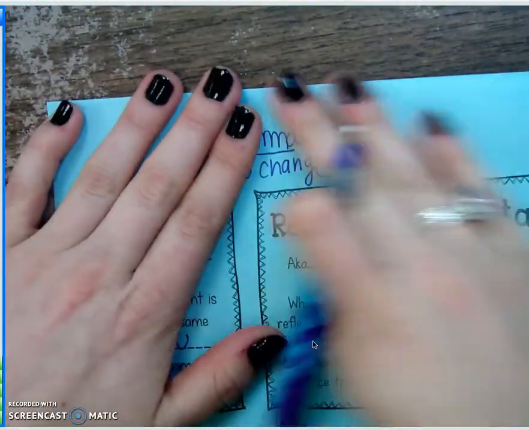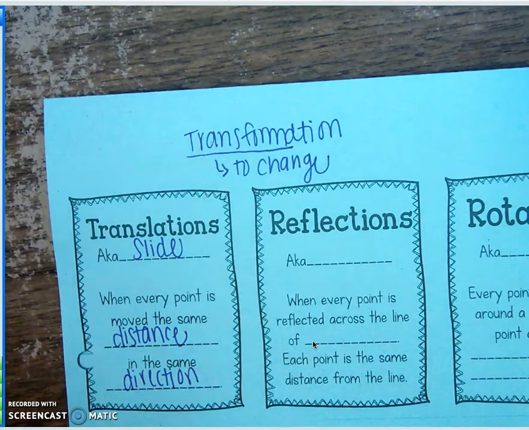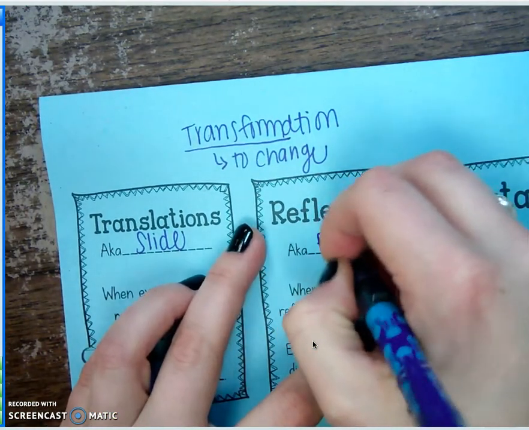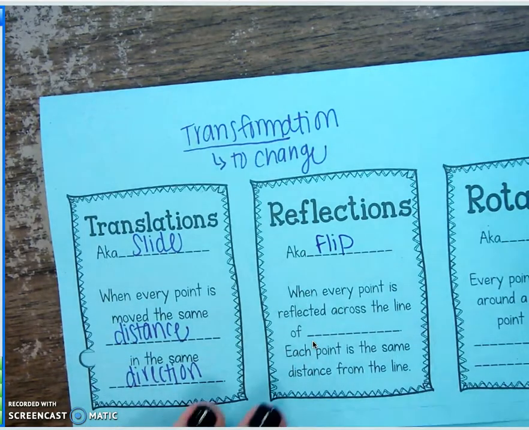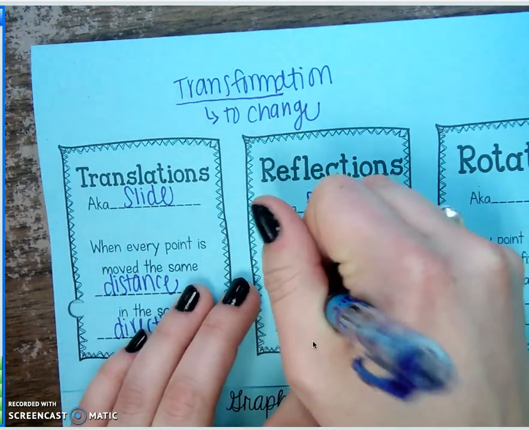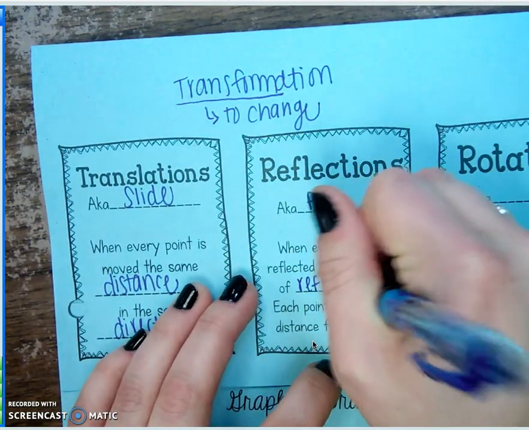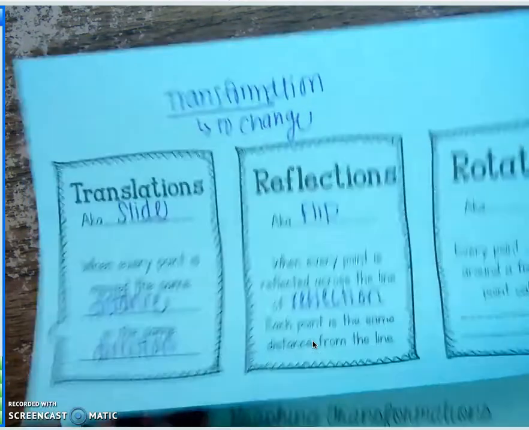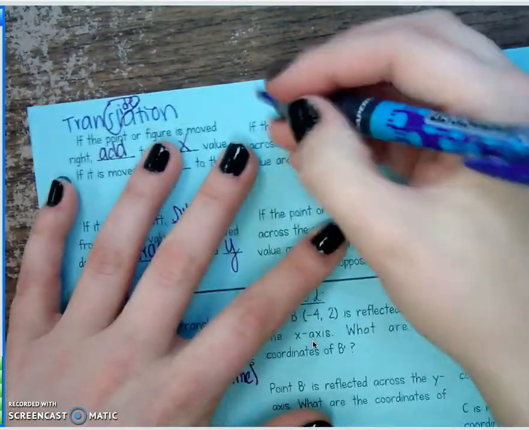So reflecting. We know that reflecting also means to flip. That's when every point is reflected across the line of reflection. Each point will be the same distance from the line. Let's rewrite reflection.